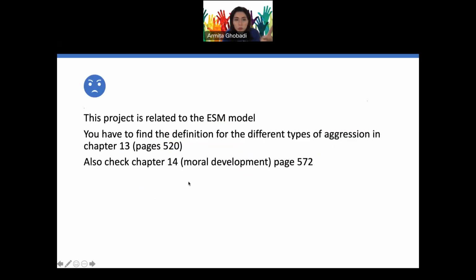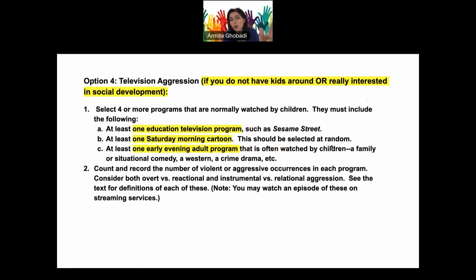You can go to chapter 13, page 520, and chapter 14, page 572, and take out those definitions. So you'll have maybe one page of all those definitions and examples, and you can go through all these television programs and code them.